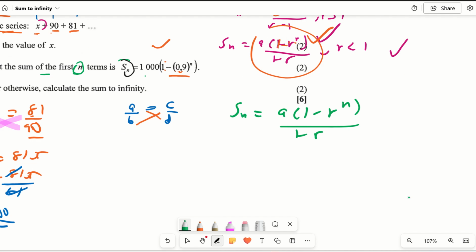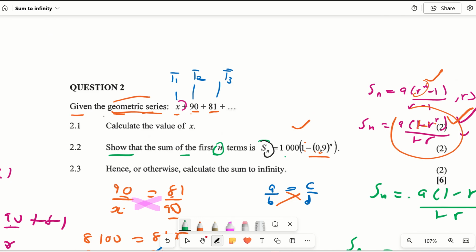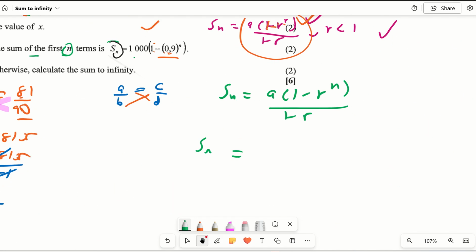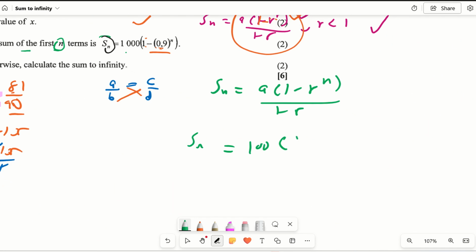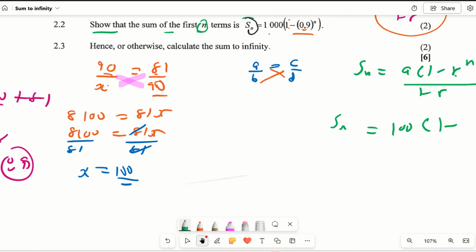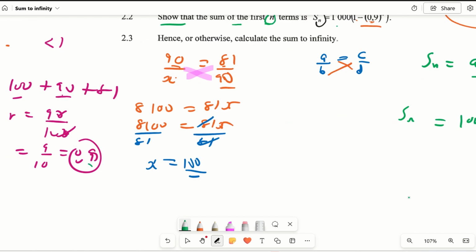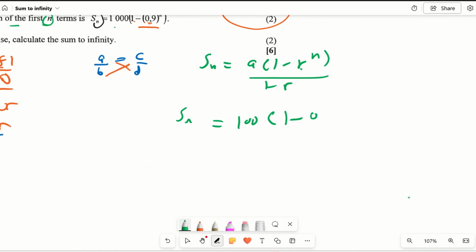Then we substitute. Our a is the first term, which is 100. We already established that. 1 minus r is 1 minus 9 over 10. Rather put it as a decimal, because it's easy to put into a calculator: 0.9 again.